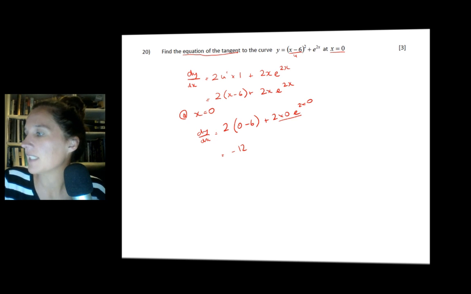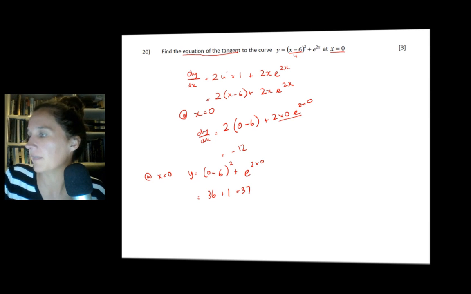When x is equal to 0, if we substitute in to get our y, at x is equal to 0, y is equal to 0 minus 6 squared plus e to the power of 2 times 0. So minus 6 squared becomes 36, and then anything to the power of 0 is 1. So here we've got 37.